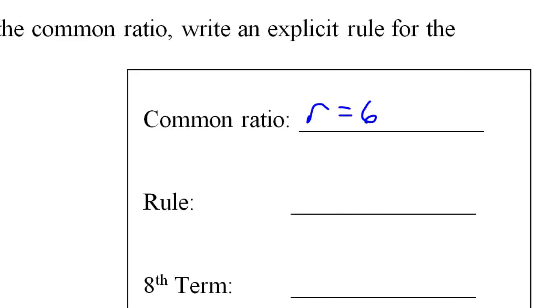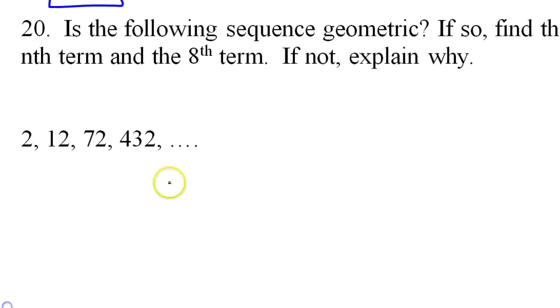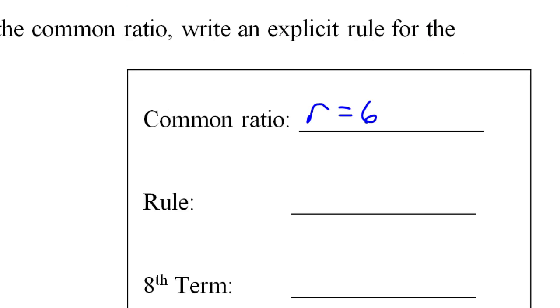Now, the model for an exponential function, if we have a geometric sequence, I'm saying exponential because I know that a geometric sequence is modeled by an exponential function. The rule would look like this.